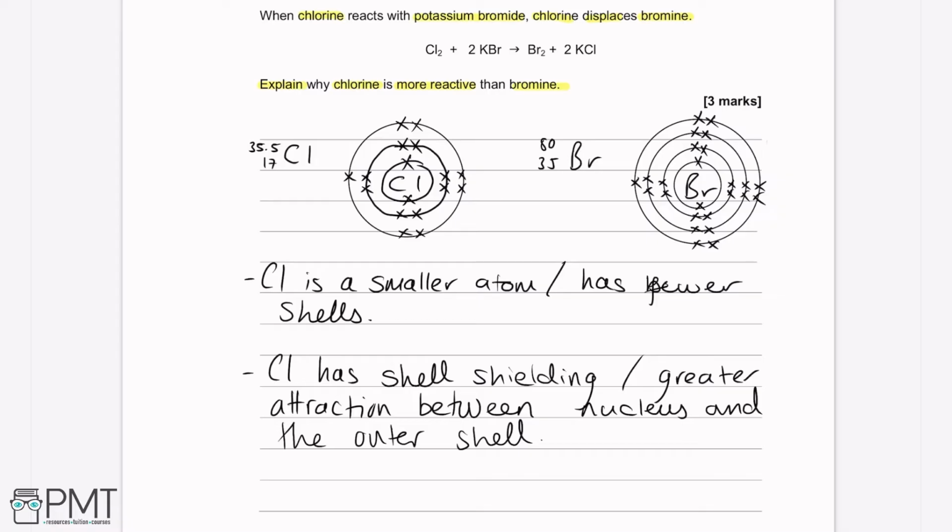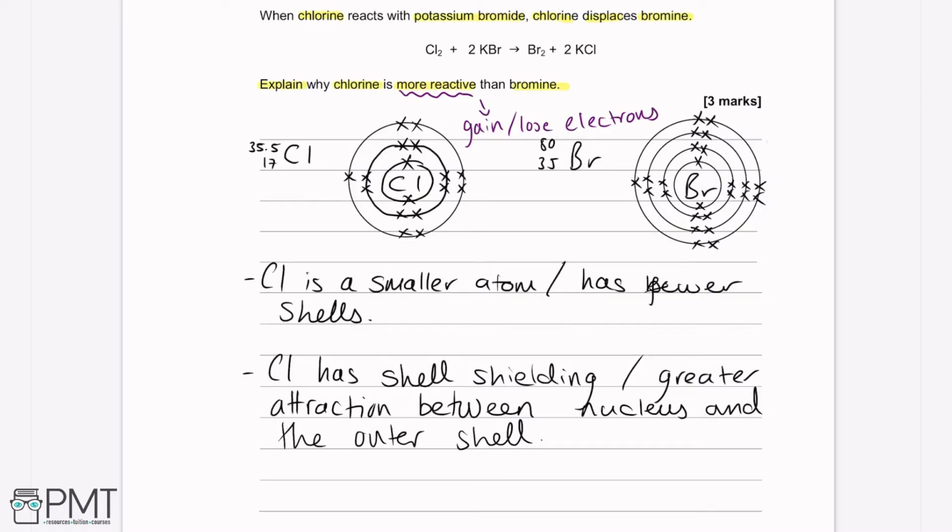And now the final mark was to link that into being more reactive. And whenever we're talking about reactivity, we're talking about how easy it is to gain or to lose electrons.